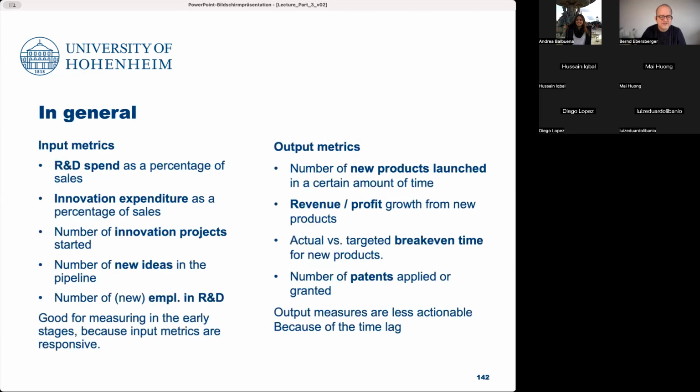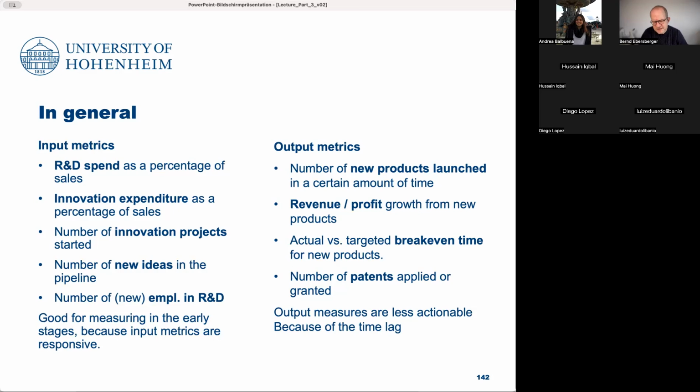Okay, good. The internal view. So there are internal input metrics and there are output metrics. We have seen some input metrics. You have already mentioned the R&D spend or R&D expenditure. We can measure the R&D spend as a percentage of sales.